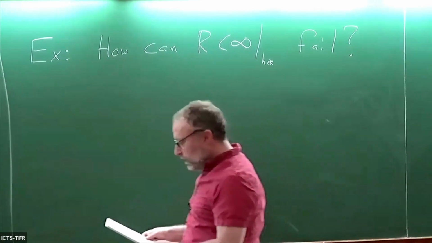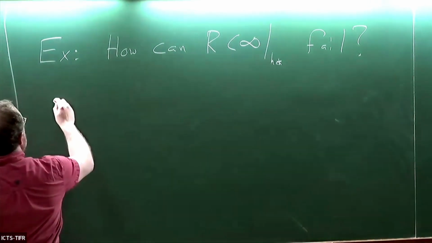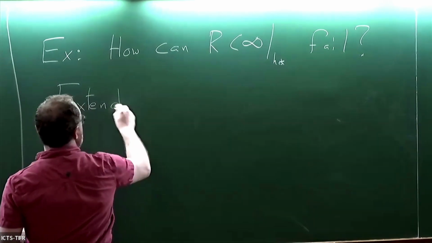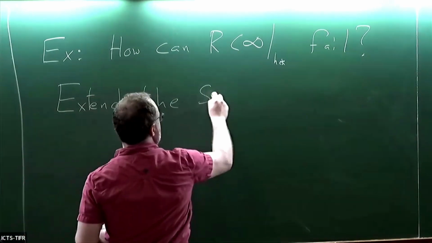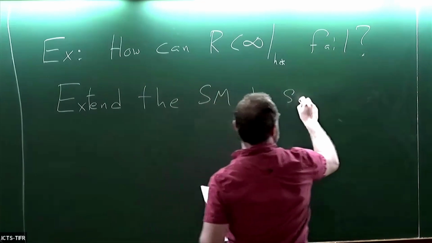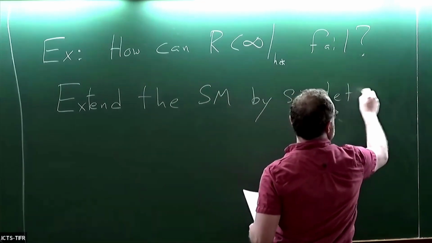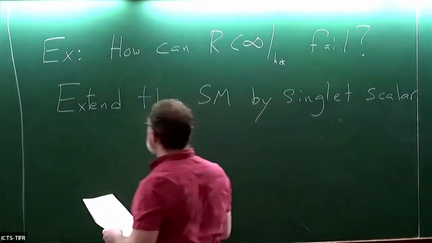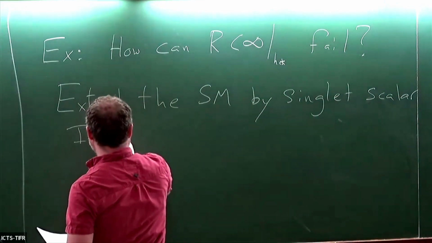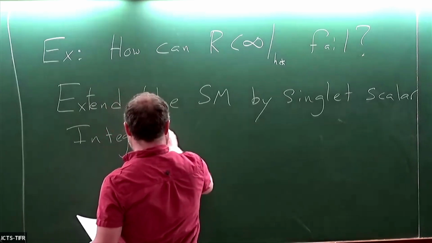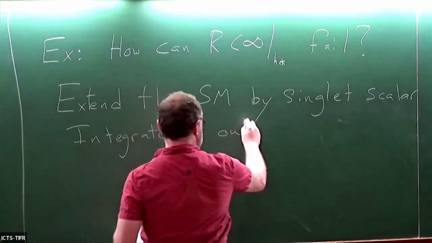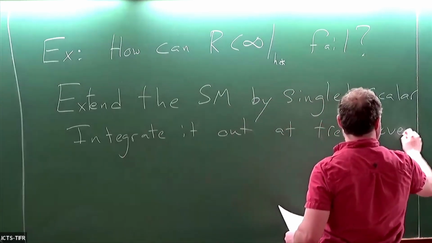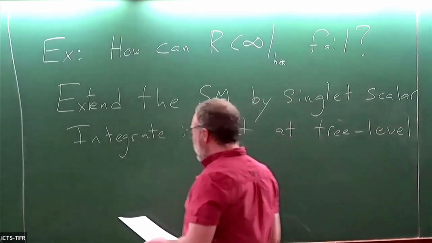So let's take an extension of the standard model by a singlet scalar, and let's integrate it out at tree level. So here's the UV model.